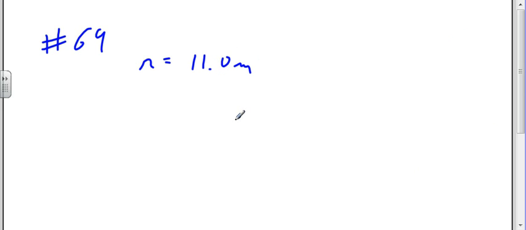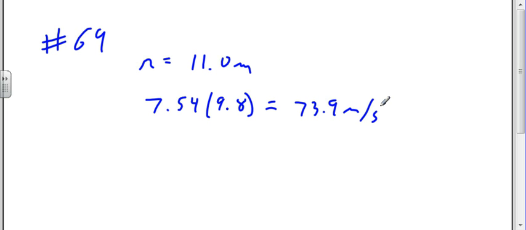If the force is 7.54 times gravity, 9.8, that is 73.9 meters per second squared, her own weight, how fast is she revolving? Express your answer in meters per second and revolutions per second.